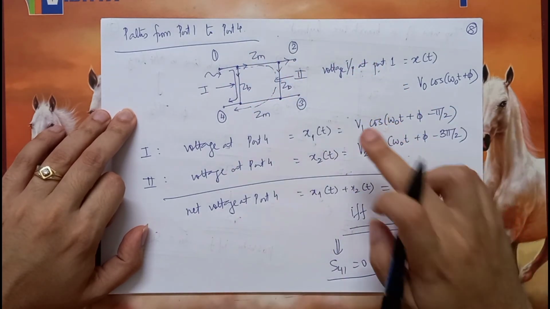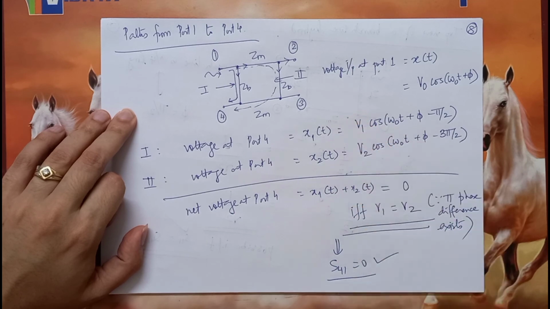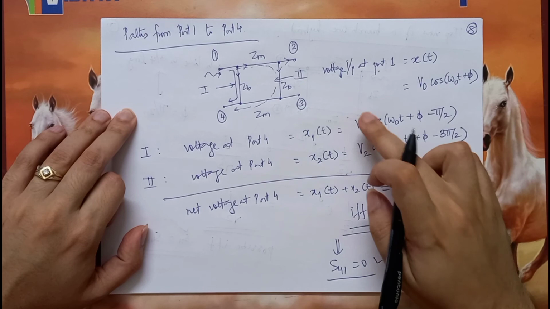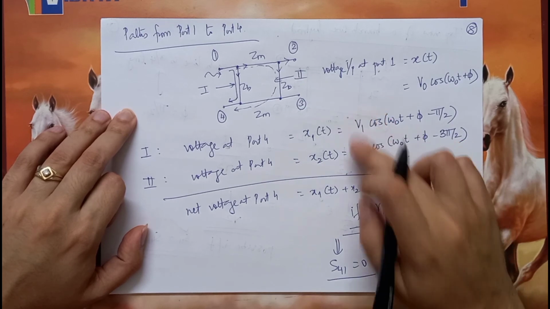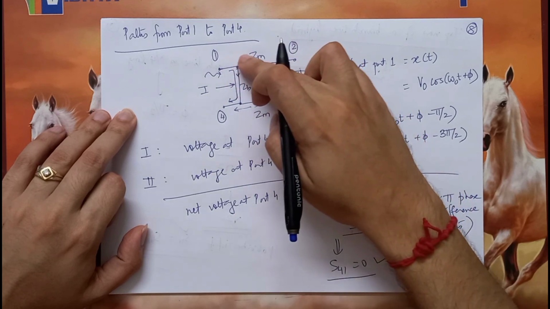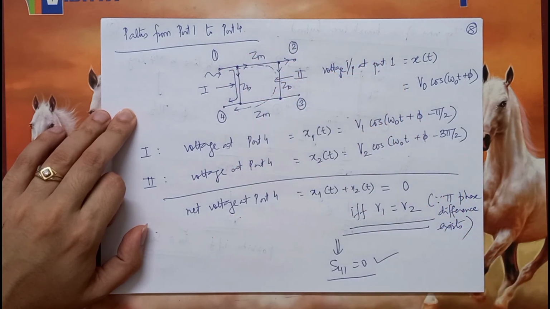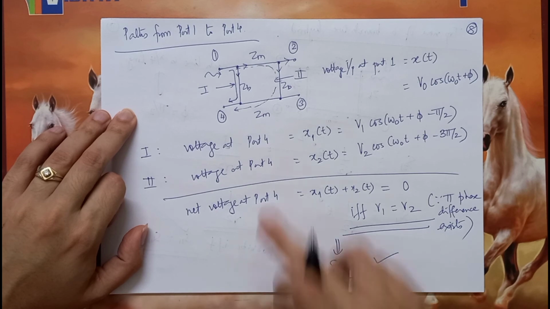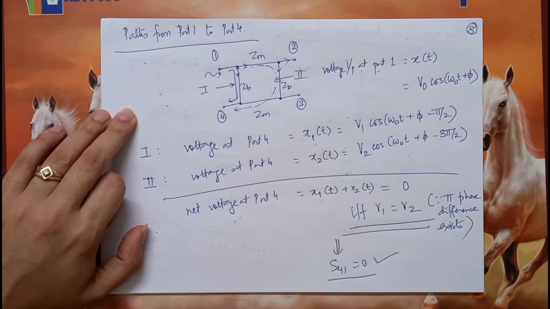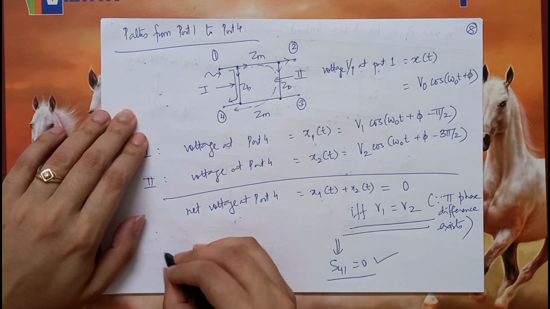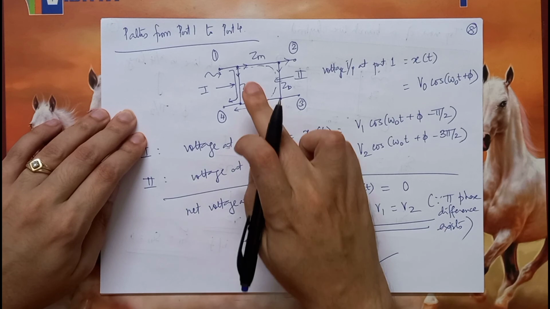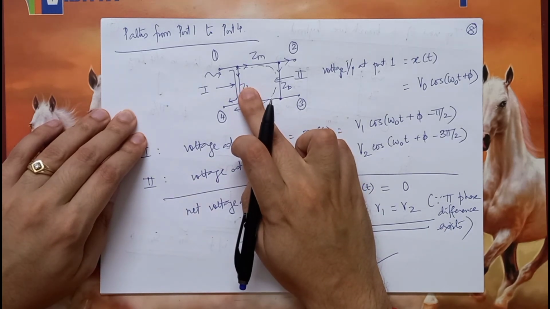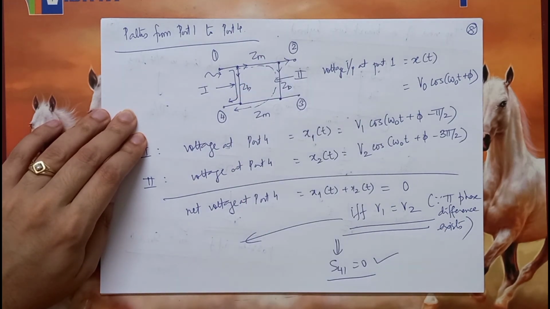Therefore, it is very likely that V1 magnitude will be more than V2. To prevent V1 being much more in magnitude than V2, we will try to make it comparable. So the impedance of the longer path must be lower and the impedance of the shorter path must be higher. Therefore, to maintain this, we will try to have the branch line impedance always more than the main line impedance.